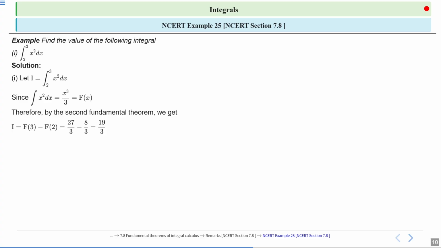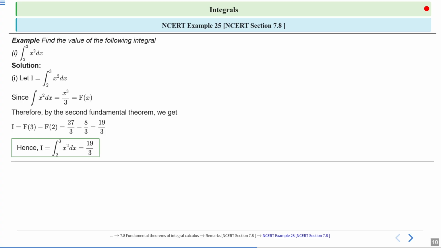F(3) is 3 cubed by 3, that is 27 by 3, and F(2) is 2 cubed by 3, that is 8 by 3. So 27 by 3 minus 8 by 3 is equal to 27 minus 8, that is 19 by 3. Hence the value of the definite integral from 2 to 3 of x square dx is 19 by 3.